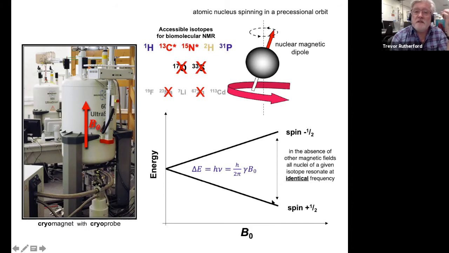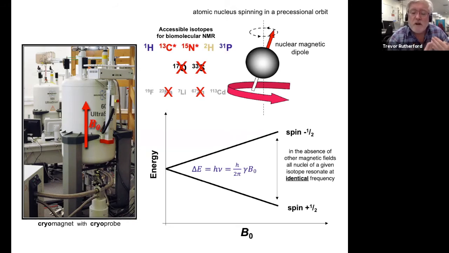They are almost exactly 50% populated. In fact, in a 500 megahertz magnet, there's an excess population of about 40 spins in a million in the lower state compared to the upper state. And it's the difference in population that is responsible for the strength of the signal that we're going to see.